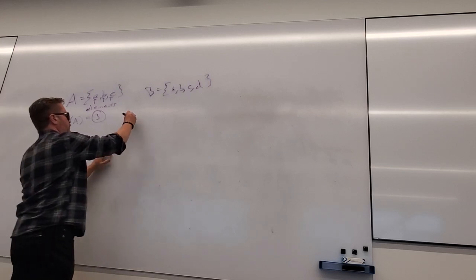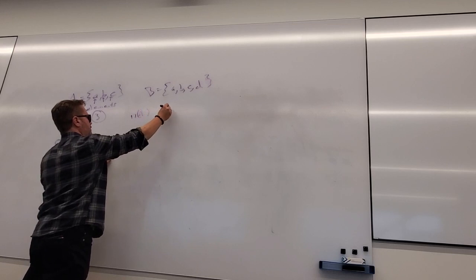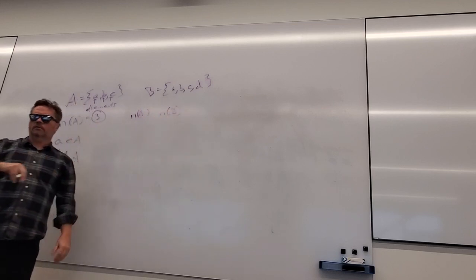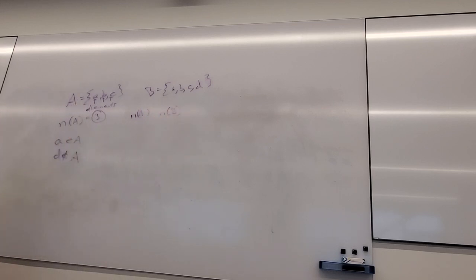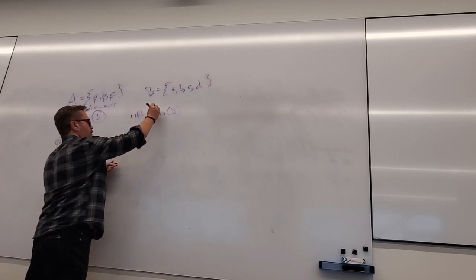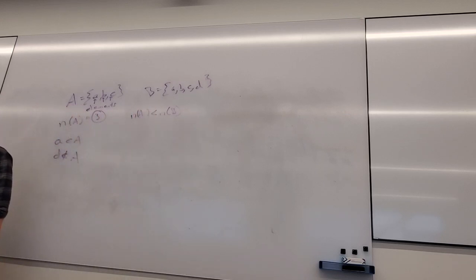The number of things in A versus the number of things in B. How do those compare? This is nothing tricky. Just what is the number of things in A? How does it relate to the number of things in B? They're different. How? Be specific. Value of the number? No, just which one's more? B. So the number of things in A is less than the number of things in B.